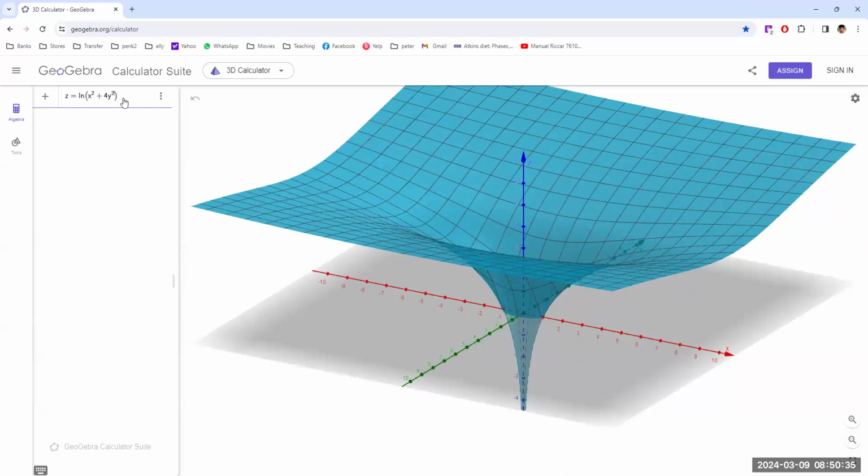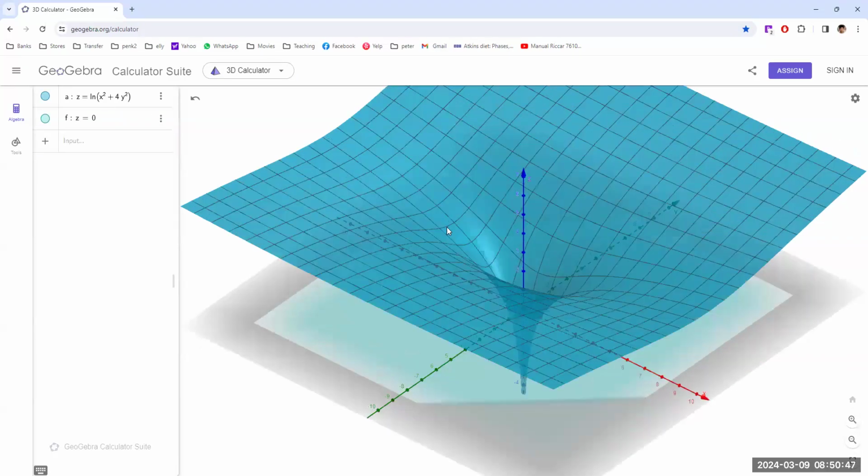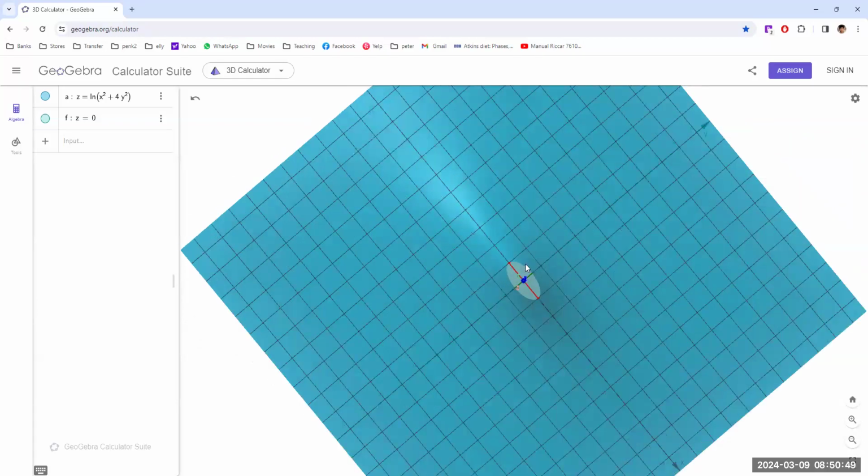Now if we want c equals 0, what does the curve look like? We'll see from above. That's what the curve looks like, that ellipse there. When c equals 1, that's what it looks like.